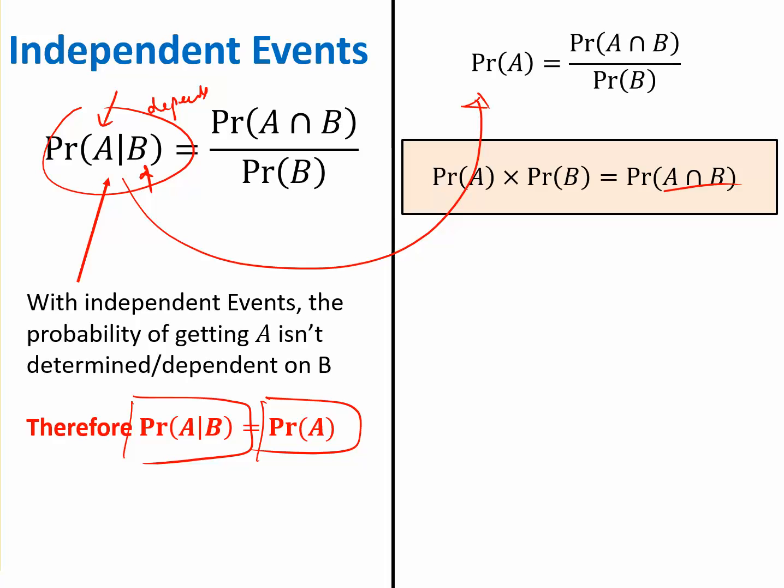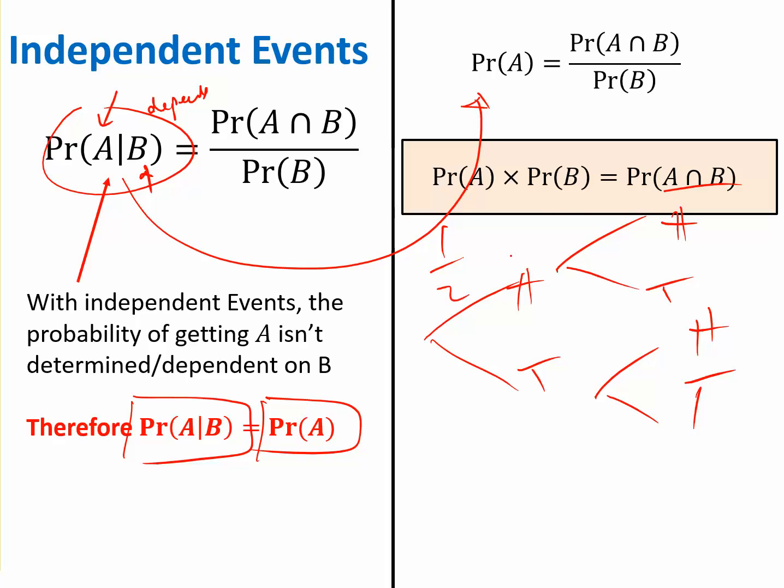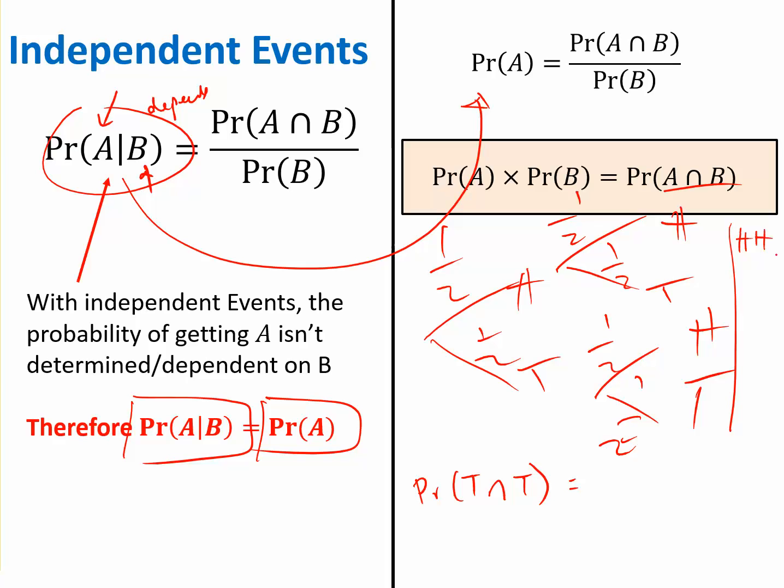Okay? And that's typical of flipping a coin. So heads, tails, heads, tails. If I asked you, this is half, half, half, half, and what's the chances of you getting tails and tails? Now you can look at the sample space: you've got HH, HT, TH, or TT.